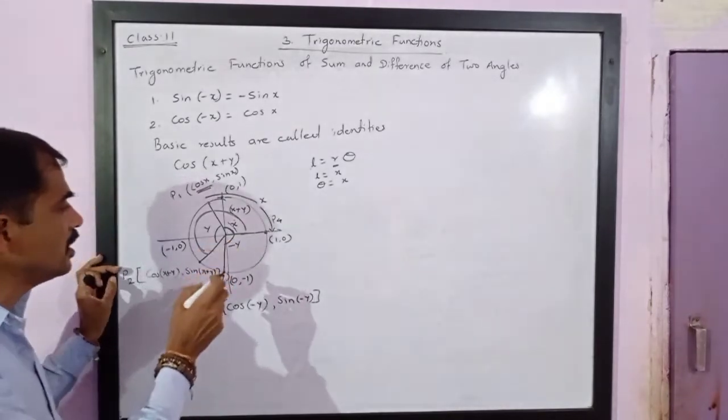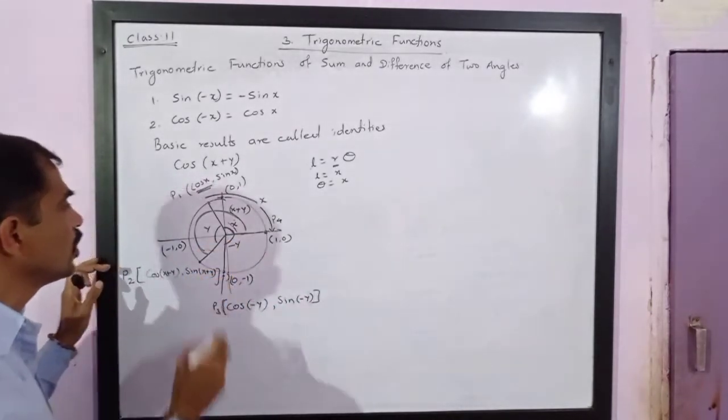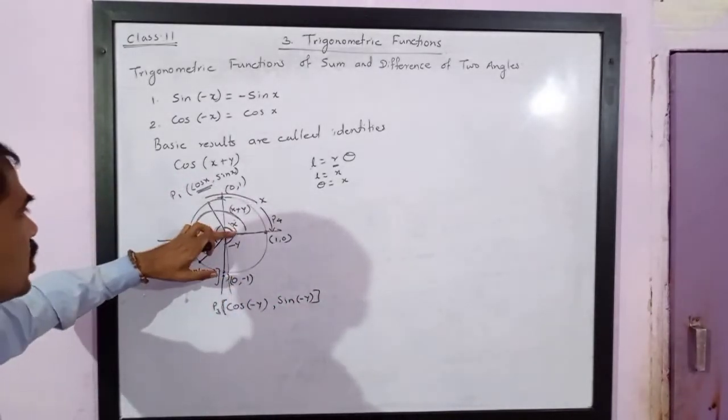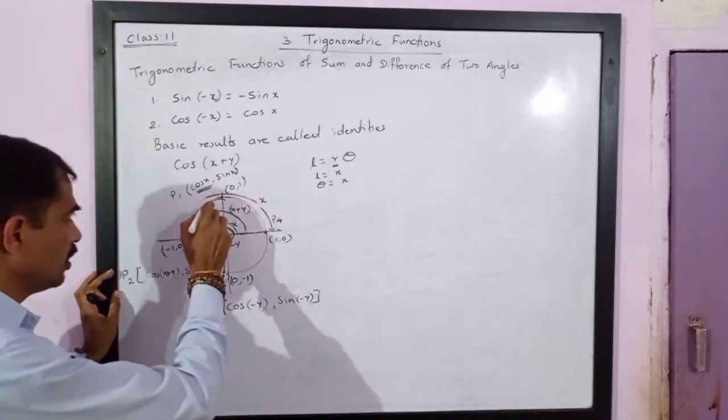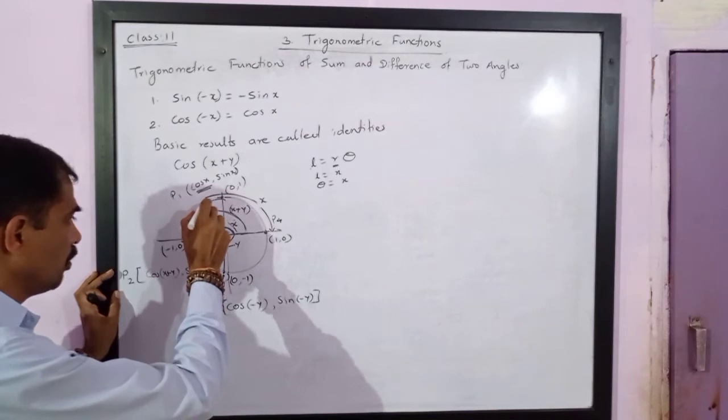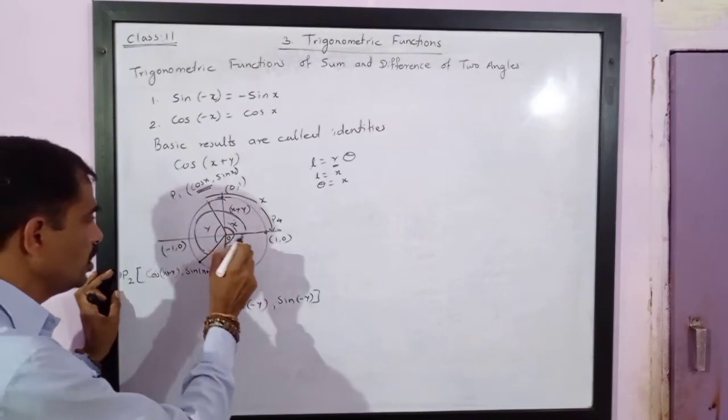Now try to understand this. We are going to consider cos of x plus y. That is, we are going to consider a triangle, this triangle. P1, O is the origin.